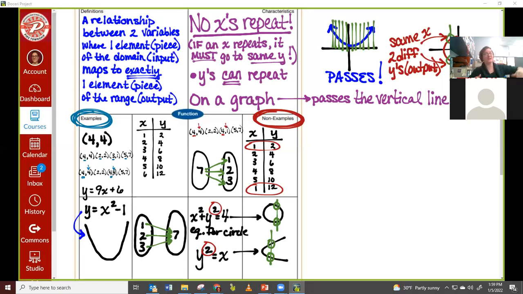So on our class Canvas page, underneath Frayer Map, if you go to the today's lesson page, underneath the Frayer map, you'll see a link for 7th period. You want to click on that link and you want to get back into that. Just like we did yesterday, you're going to click on the link, continue without signing in, type in your name, and then I want you to advance to screen number 4.